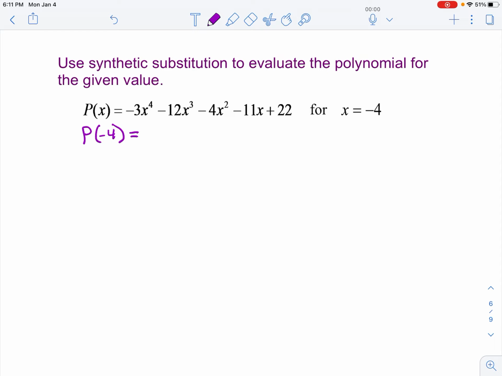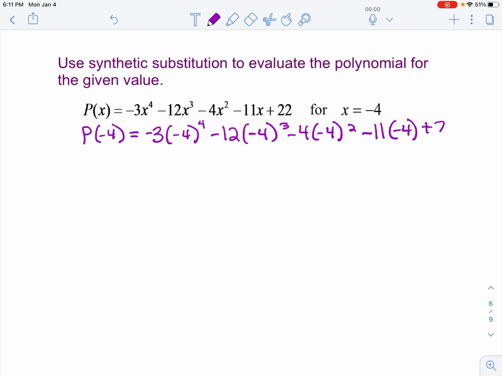So on my calculator, I'm going to put in -4. Don't forget to put the parentheses around your -4. And when you put that in your calculator, P of -4 turns out to be 2.